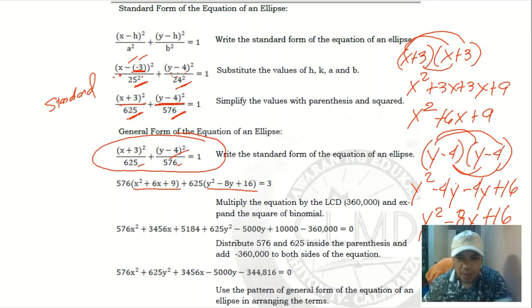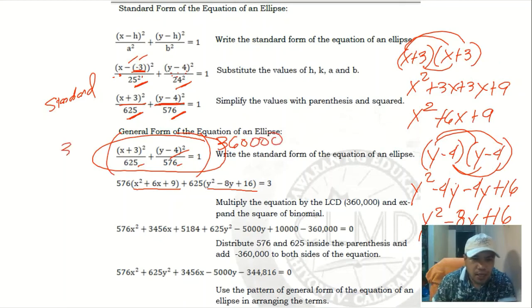Okay, so from this part, we will try to multiply both sides by 360,000. This should be 360,000. Baka mapagalitan ako.